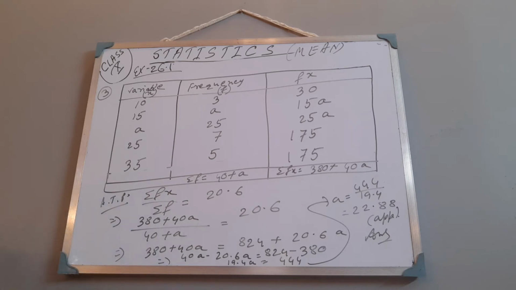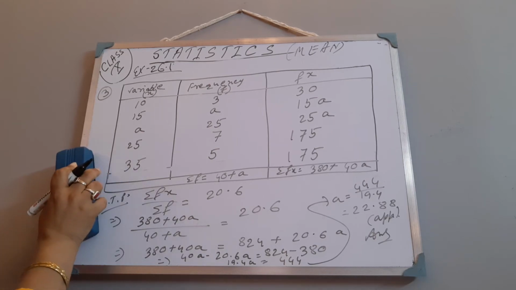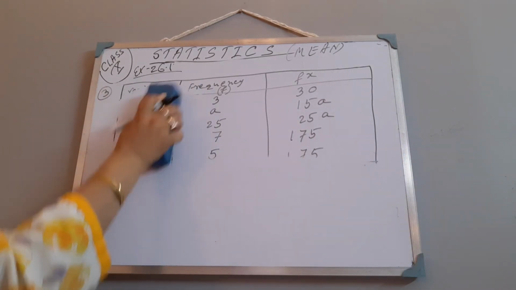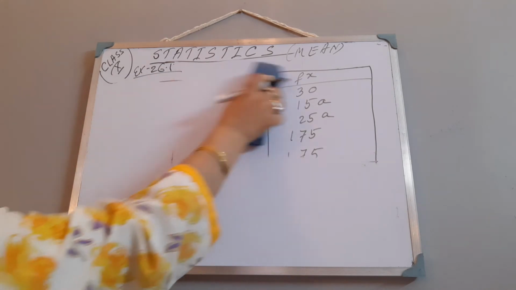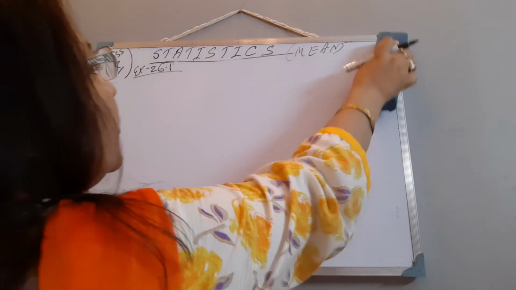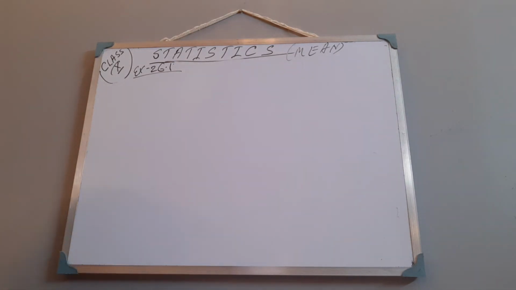Next, sum number 5. Again we have to rub the board for sum number 5. Let me rub the board. Sum number 5, this class is there, that means group is there, group frequency, group distribution, that type of sum.